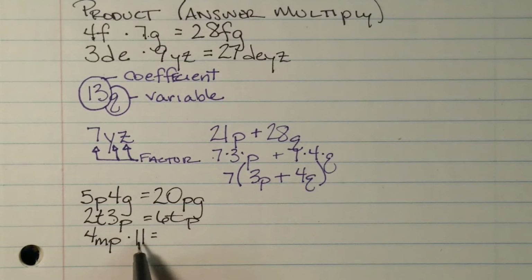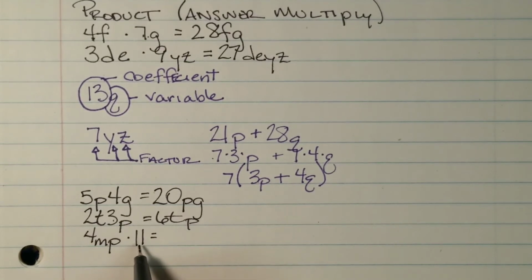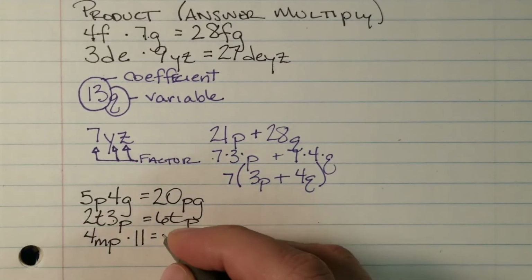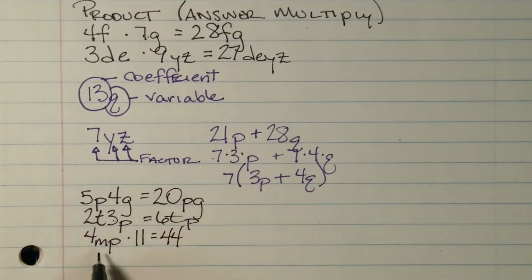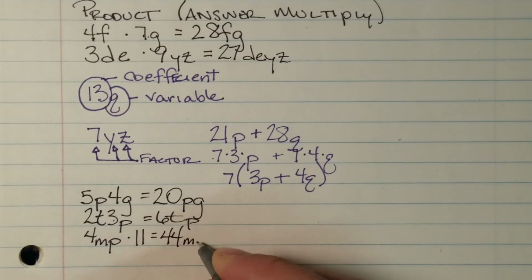Combine the coefficients. But Miss D, this one doesn't have letters. I know. We're still going to call it that. 4 times 11, 44 times m times p.